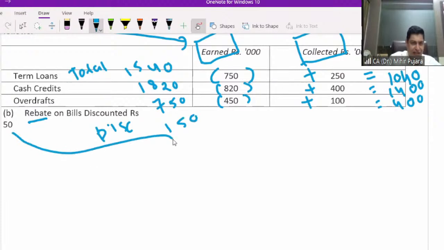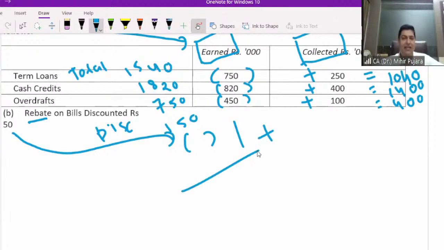It's a rebate on bill discount. So what should I do, guys? Be fast, tell me.